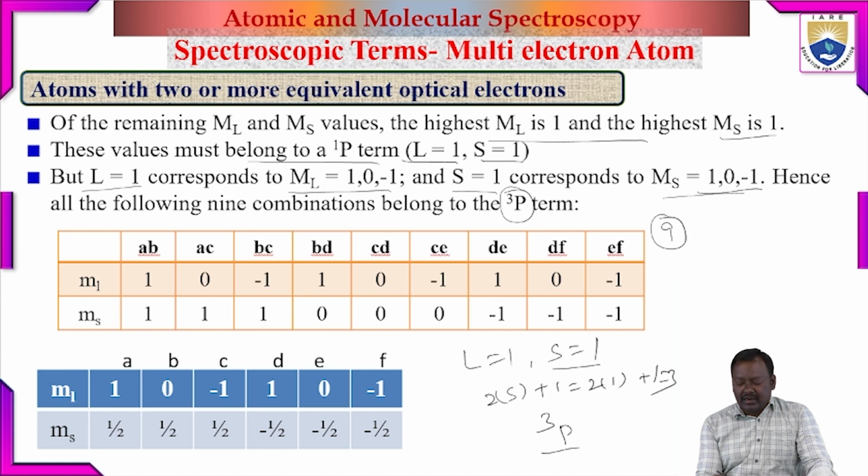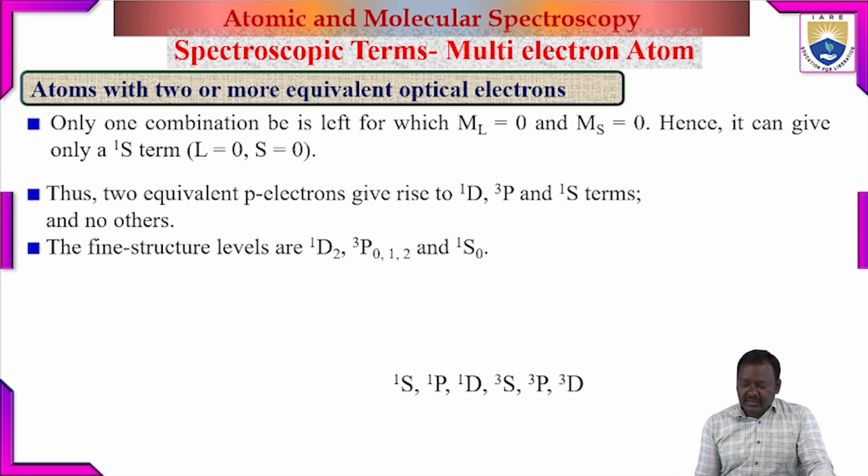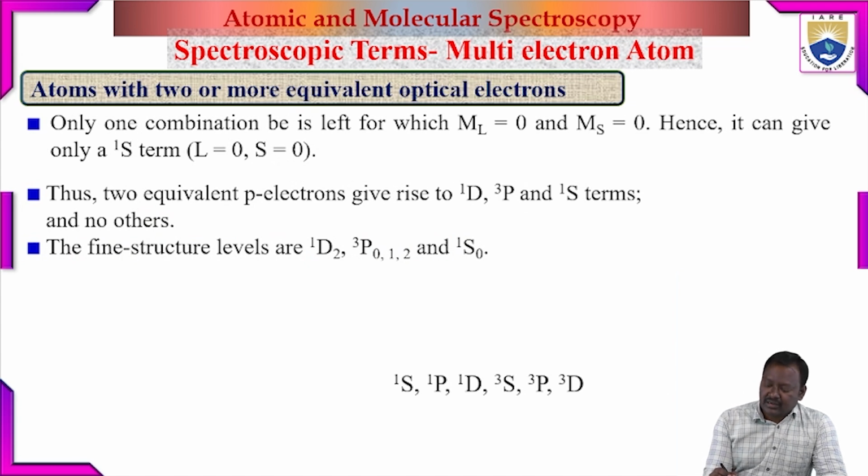In the earlier slide, the term 1D is formed by 5 combinations. Now it is 9, and 5 plus 9 means 14. And the remaining combination left is the one for which ML equal to 0 and MS equal to 0.